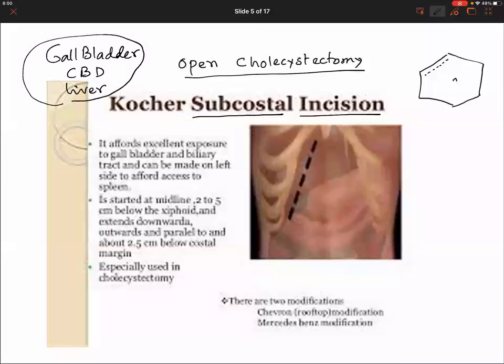You can be given this question in your MCQ. What is the modification of a Cocker subcostal incision? The modification can be extended to the other side. What is this incision called?